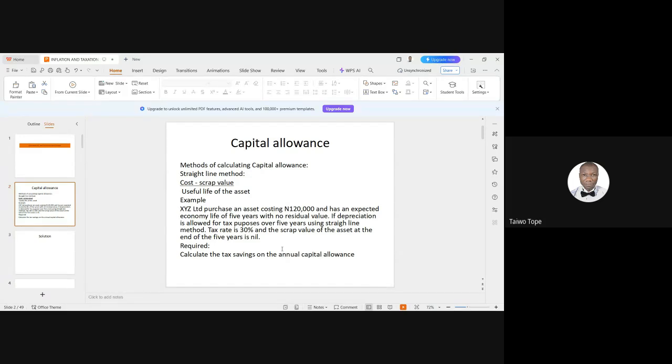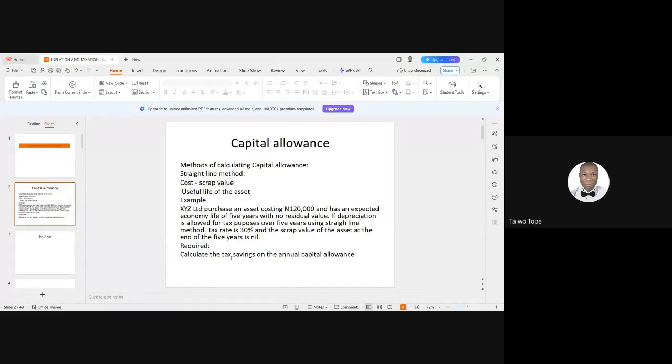First, you will need to get the value of your capital allowance. Take notes. In taxation, instead of saying depreciation, you say capital allowance. Once you determine the value of your capital allowance, you apply the tax rate on it. The result you have will be your tax savings.